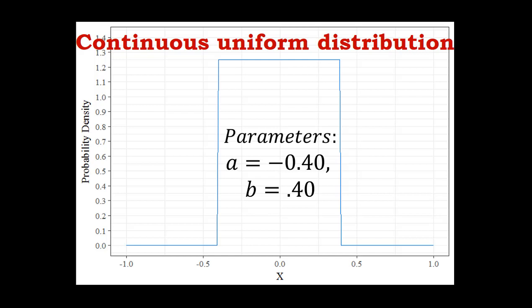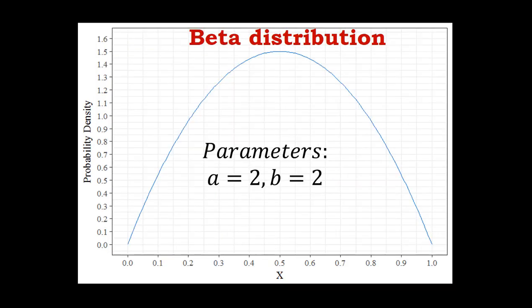The last of the probability distributions we're going to see is the beta distribution. The beta distribution has possible values between 0 and 1, so it's quite good for dealing with proportions or probabilities. We can have a probability distribution over probabilities.